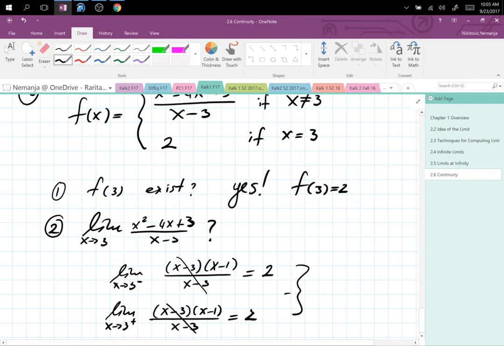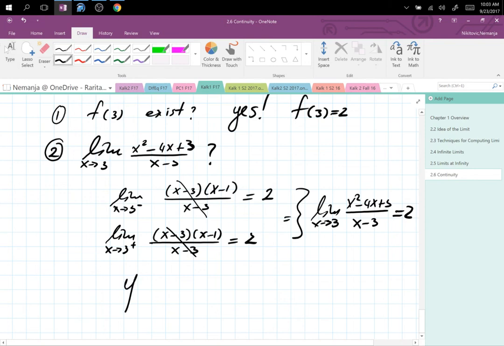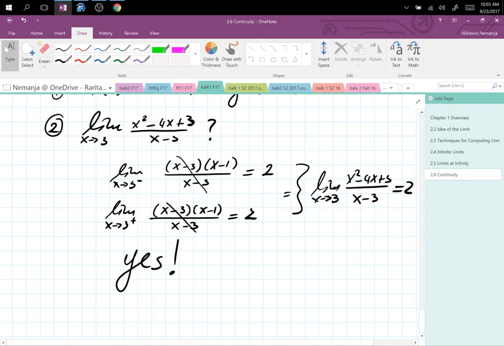Since these two are the same, we have that the overall limit as x goes to 3 of x squared minus 4x plus 3 over x minus 3 is also 2. So does the limit exist? Yes, the limit exists. It's 2. And then number 3, 2 equals 2, passes that as well.